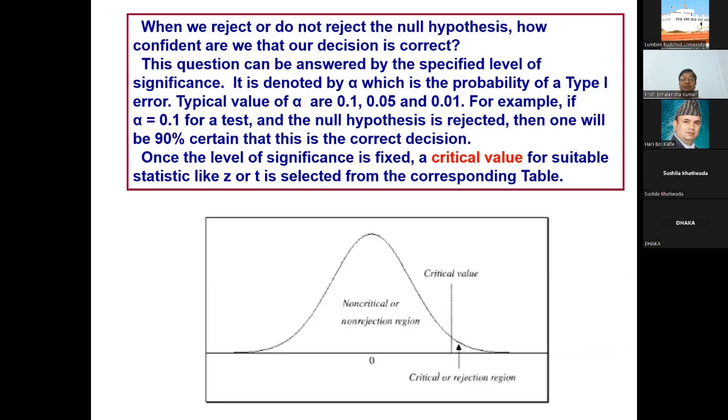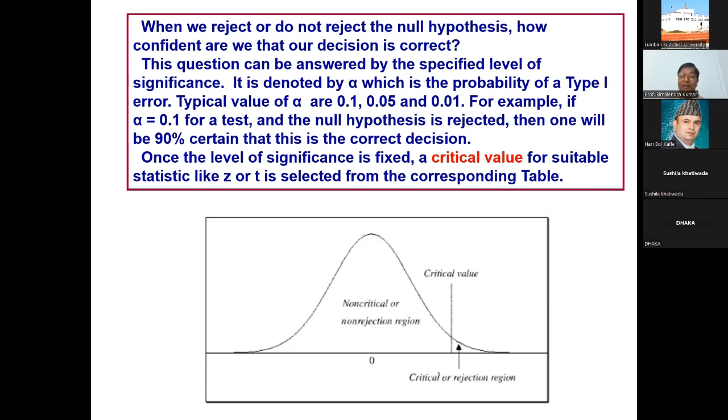Again, when we reject or do not reject the null hypothesis, how confident are we that our decision is correct? This question can be answered by the specific level of significance. It is denoted by alpha, which is the probability of a type 1 error.